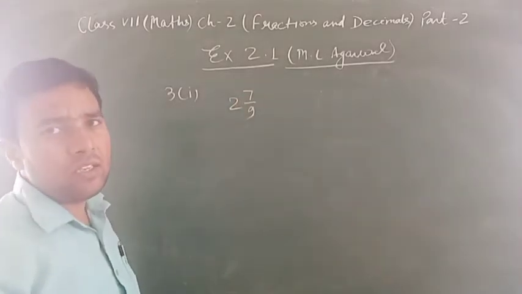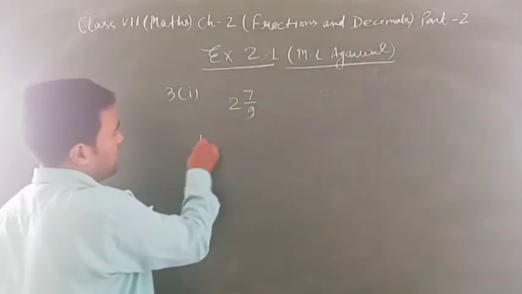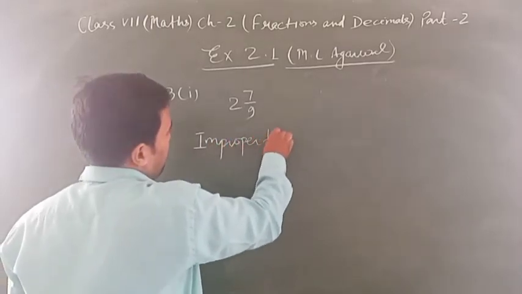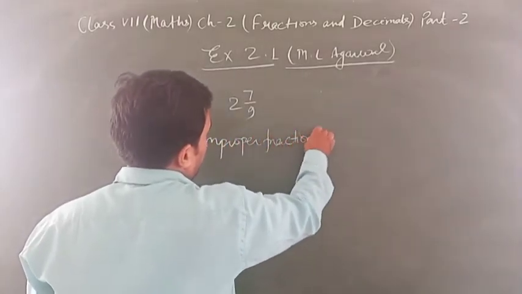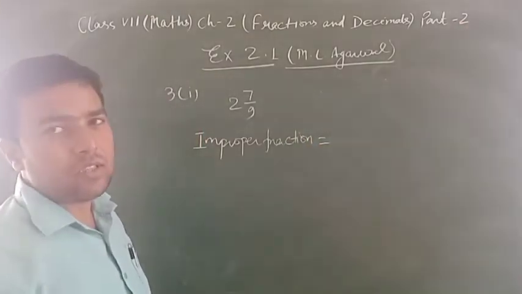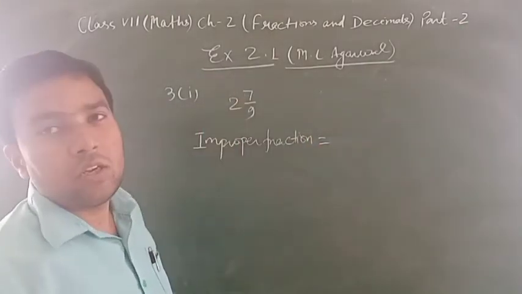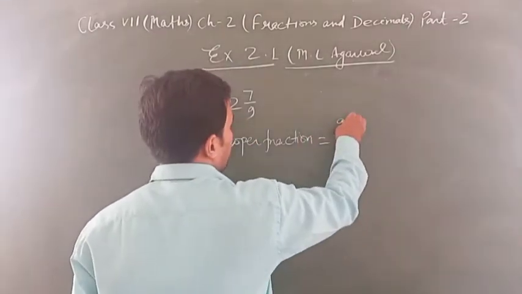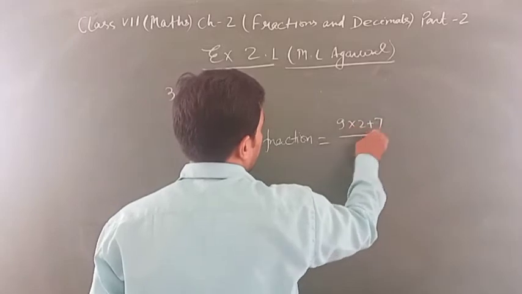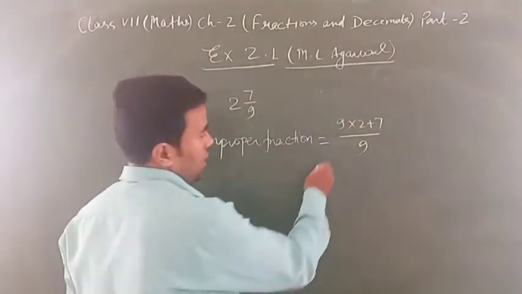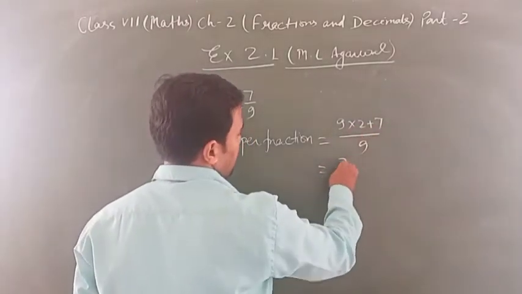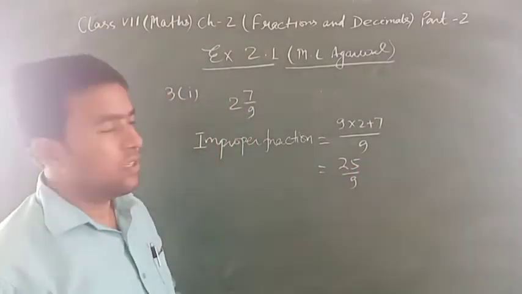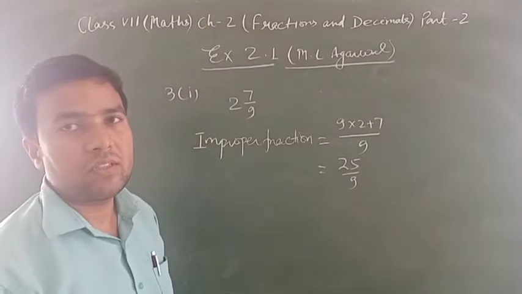Change into improper fraction. Improper fraction is equal to 2 whole 7 by 9, means 9 into 2 plus 7 by 9. Clear? 9 twos are 18, plus 7, 25 by 9. Clear? It is the improper fraction.